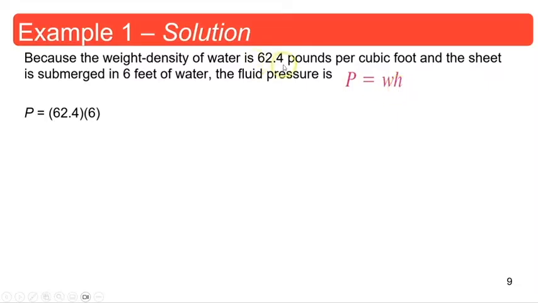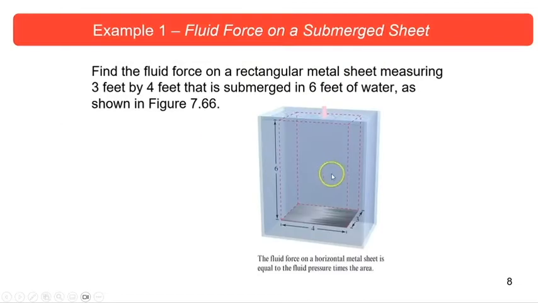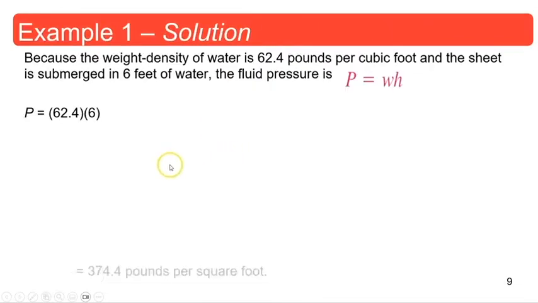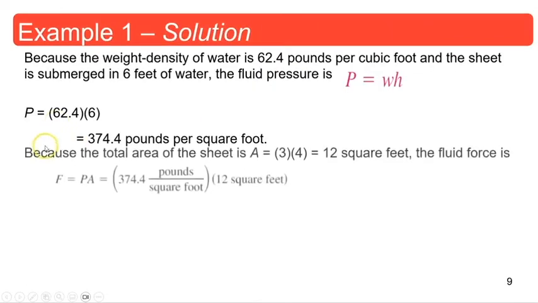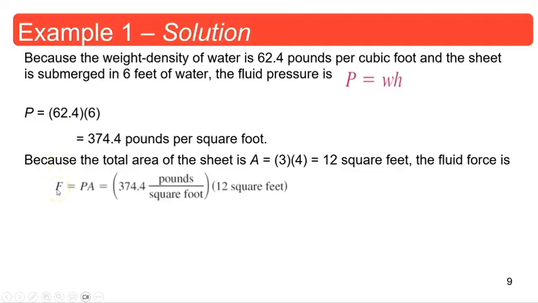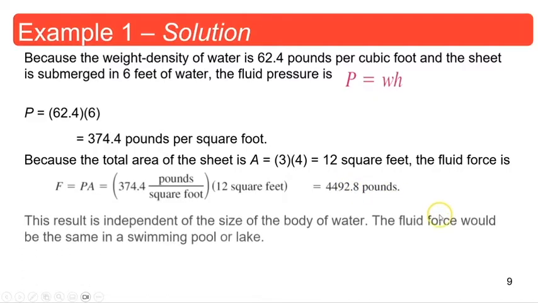The density of water is 62.4 pounds per cubic foot multiplied by the height, which is 6 feet, and that is just the pressure. But what's the area affected by that pressure? That's 3 by 4, so 12 square feet. So the total force is pressure times 12, which is 4492.8 pounds. This pound is what you call pound force.